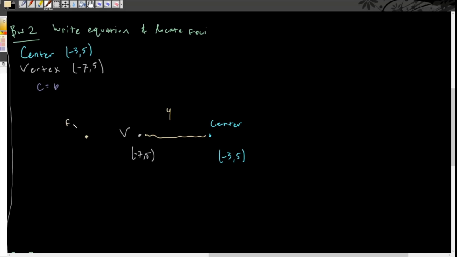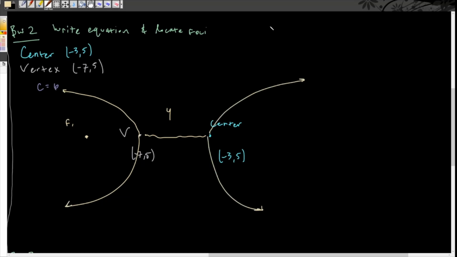So here's a focus. Looks something like that. So c² equals a² plus b². 36 equals 16 plus b², so b² is 20. So we get, it's horizontal, so x is positive.